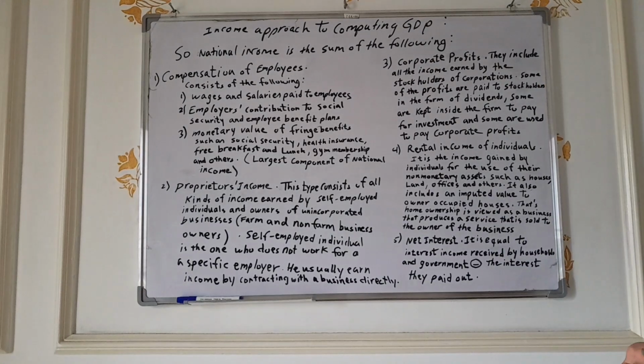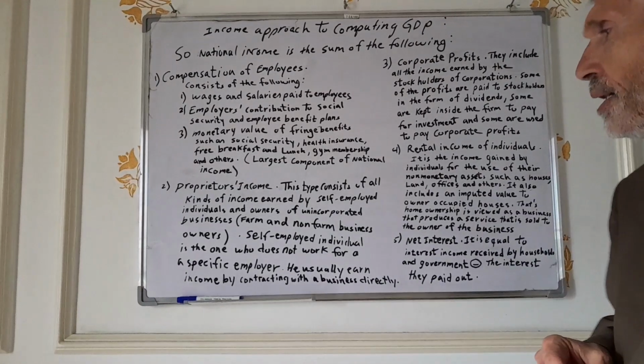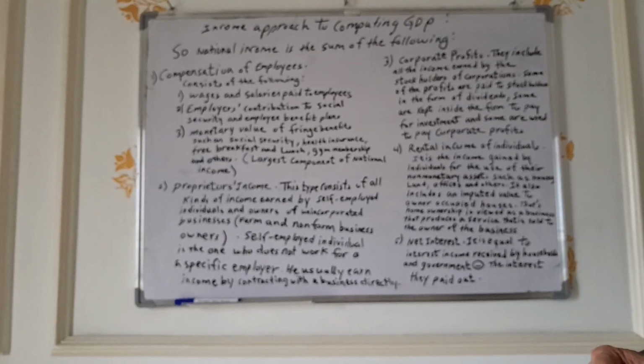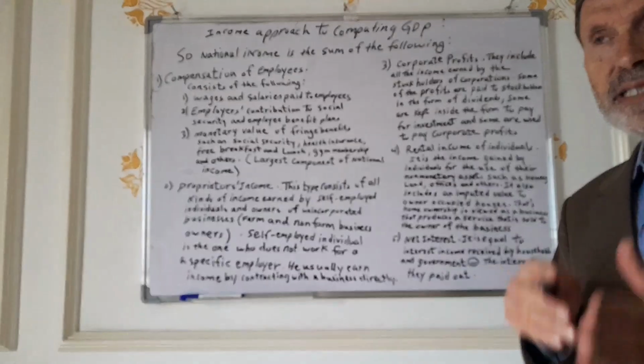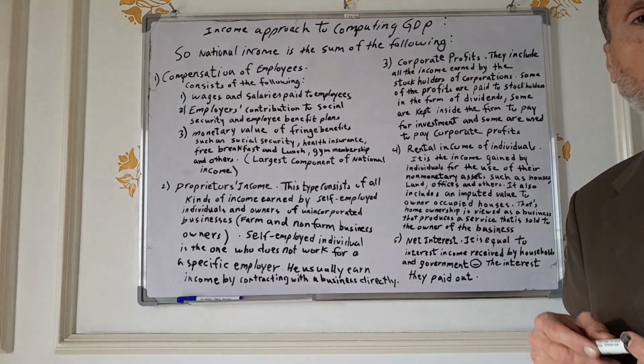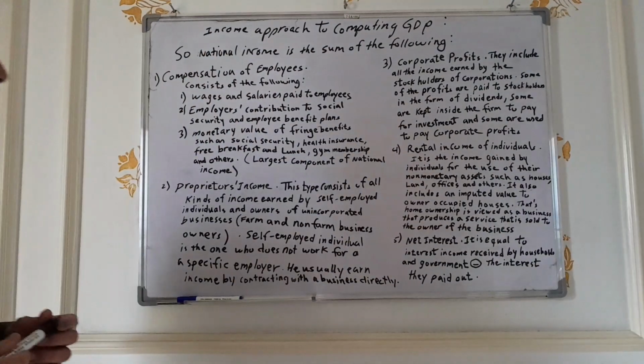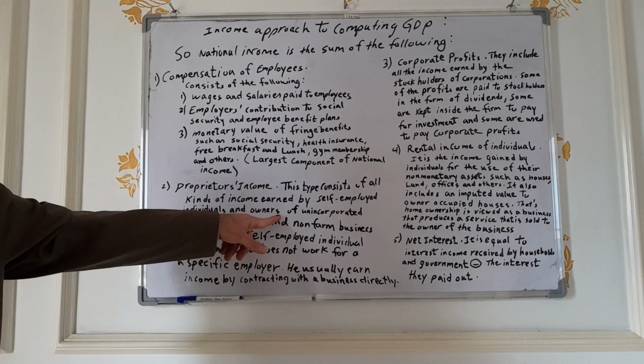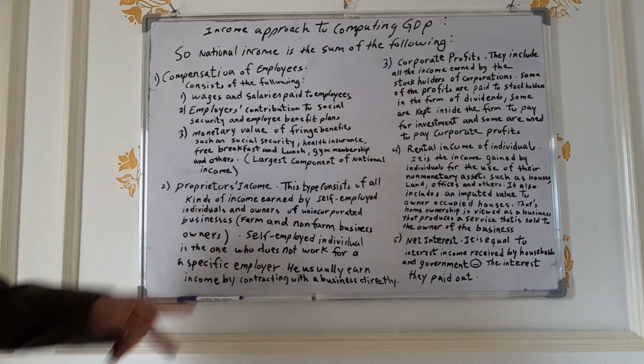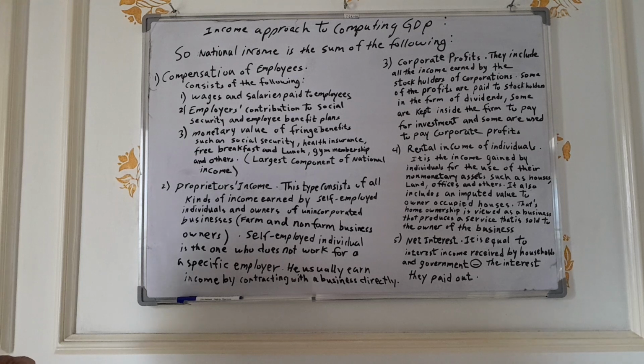He usually earns income by contracting with a business directly. That is the meaning of self-employed individual. Now, as you can see, by owners of unincorporated businesses, we mean here farm and non-farm business owners.